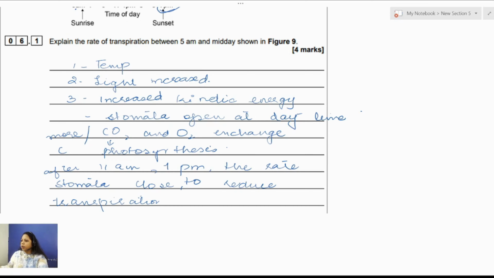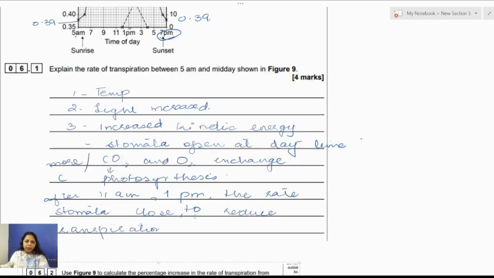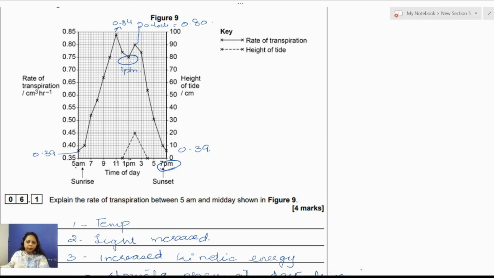Okay. The next question says use figure 9.1 to calculate the percentage increase in the rate of transpiration from 1 p.m. to 2 p.m. Now we need values, so we need to go back to the graph. So what is the value at 1 p.m.? It's around 0.75, and at 2 p.m. it's 0.80.